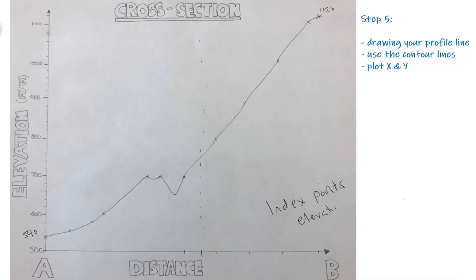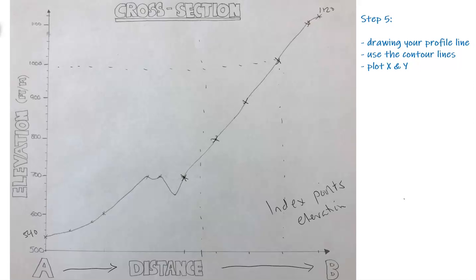So every elevation on the index contour line over my green line A to B, I would mark off at the right distance, the right spacing along my x-axis line, and I'll come up and plot my 1,000 feet elevation point right here, and then 900, 800, 700.